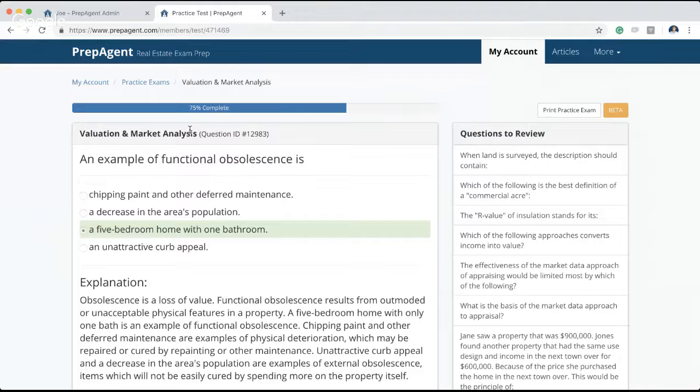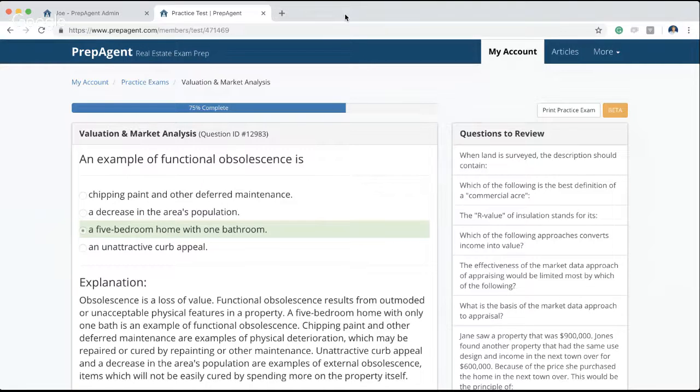Physical is not a form of obsolescence. Okay, has everybody got that? Physical depreciation is not a form of obsolescence. There are only 2 forms of obsolescence, economic and functional. And all of them are forms of depreciation. Physical deterioration, functional obsolescence, and economic obsolescence are all forms of depreciation.